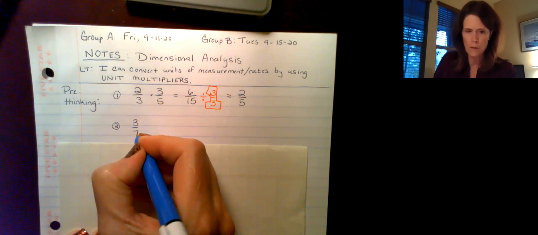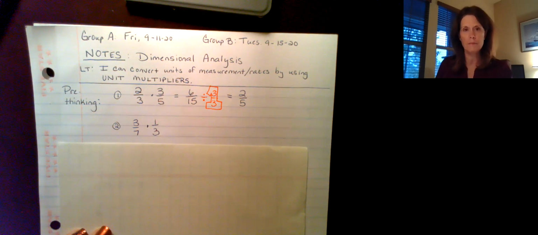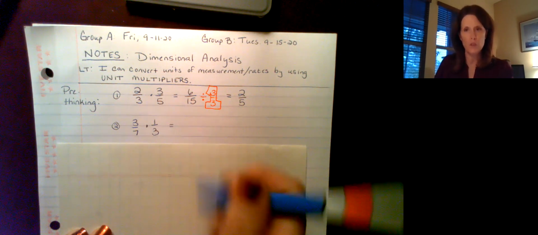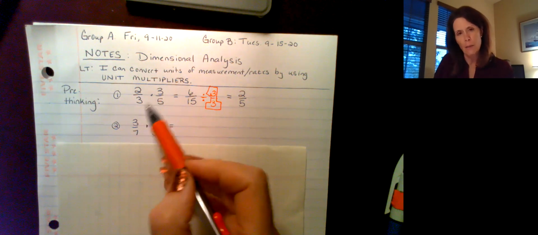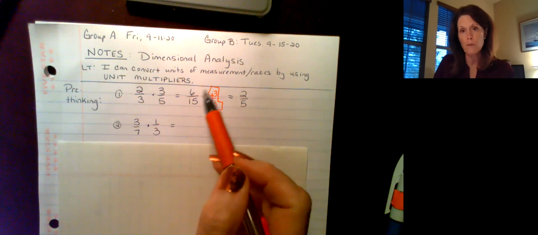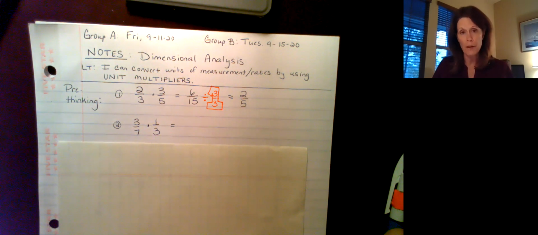3/7 times 1/3. Now, yes, we could go across and say 3 over 21 and then do that division. But like up here, I could have cross-reduced beforehand, and then I would avoid doing this reducing later. So it's just a quicker method when we're multiplying, that instead of reducing the end result, our product, we could reduce our factors.